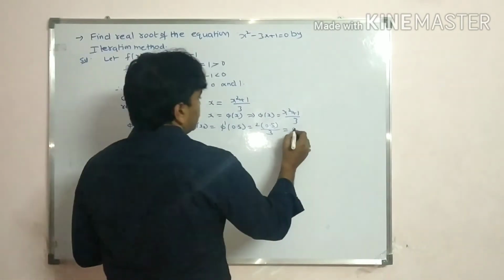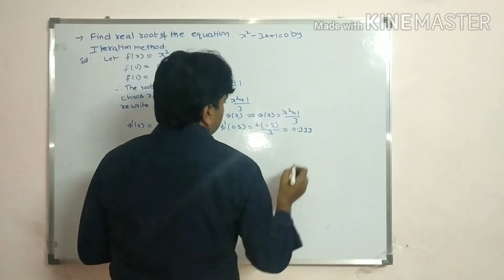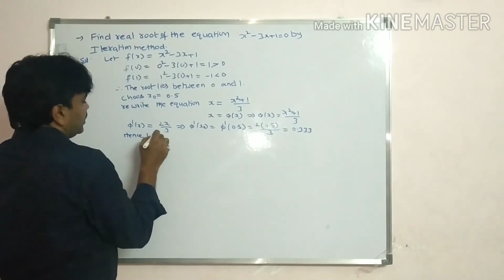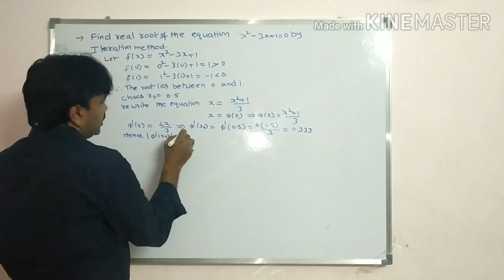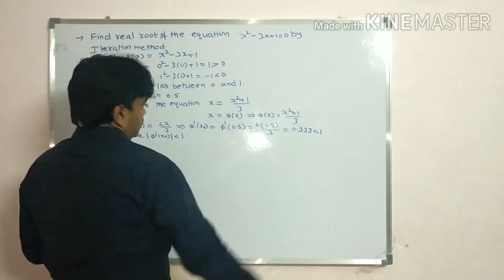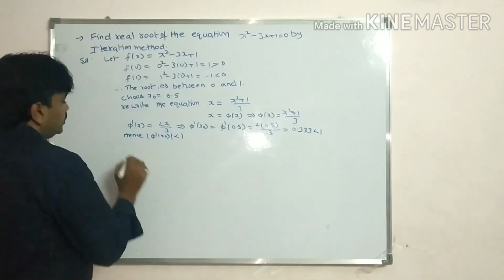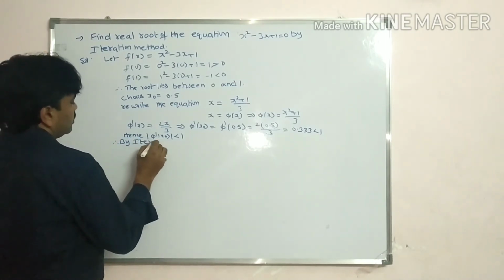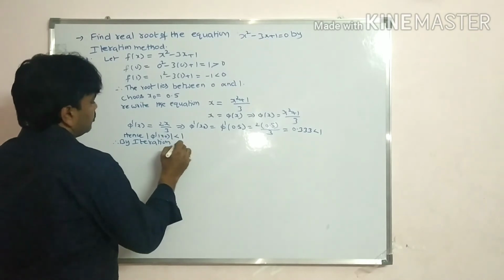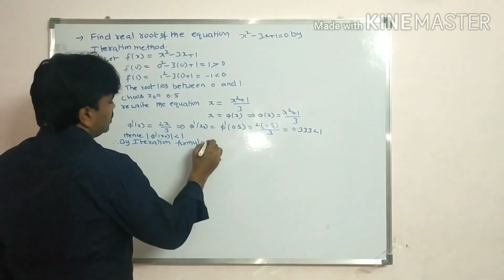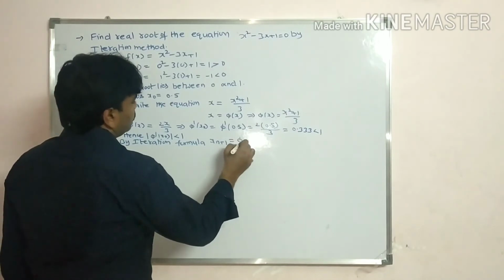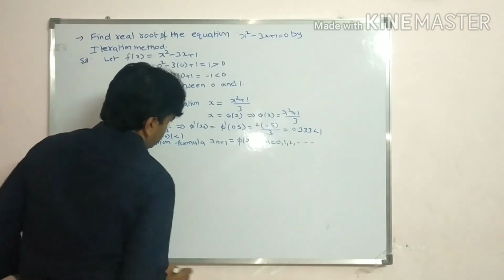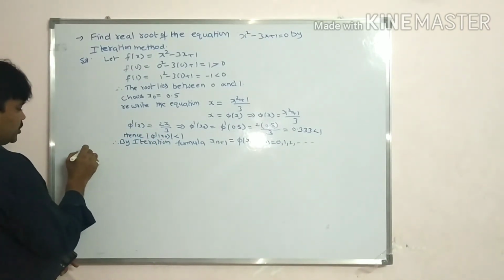We get here 0.33, students. Hence modulus phi dash x0 is less than 1. Therefore by the iteration formula, what is the formula, students? Xn plus 1 is equal to phi of xn, where n is equal to 0, 1, 2 and so on, students.